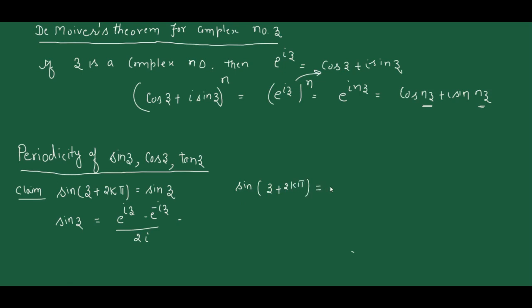So what you get? You get e raised to power iota times z plus 2k pi minus e raised to power minus iota times z plus 2k pi divided by 2 iota.